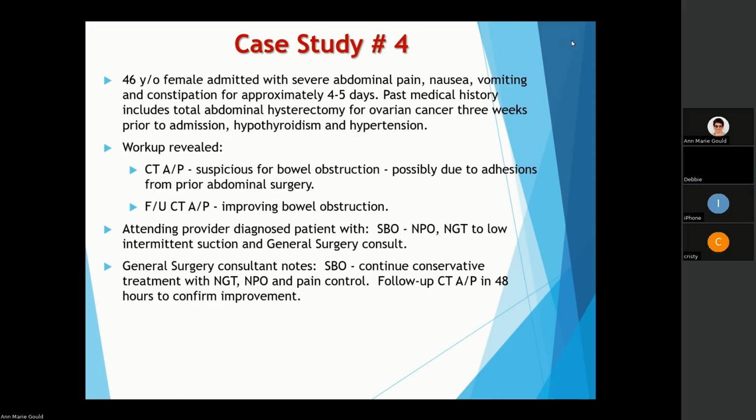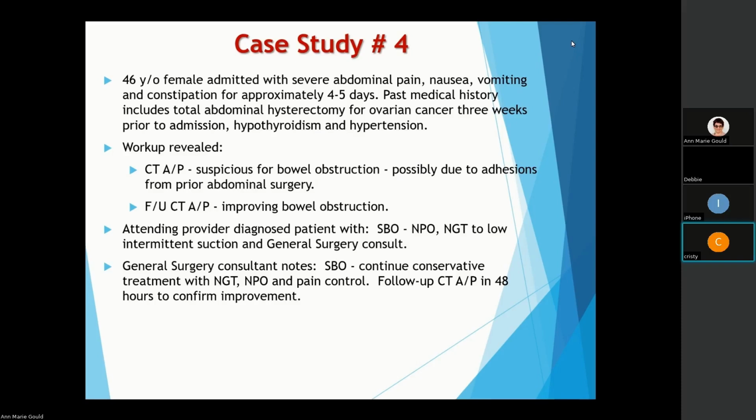Let's go through this case study. I just want to be sure you're there. Okay, so it's a 46-year-old female admitted with severe abdominal pain, nausea and vomiting, and constipation for approximately 4 to 5 days. Past medical history includes total abdominal hysterectomy for ovarian cancer 3 weeks prior to admission, hypothyroidism, and hypertension.